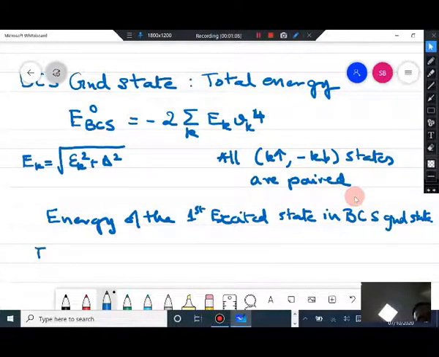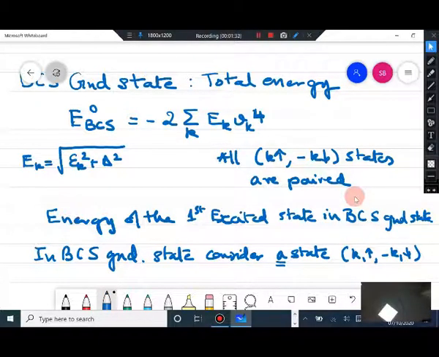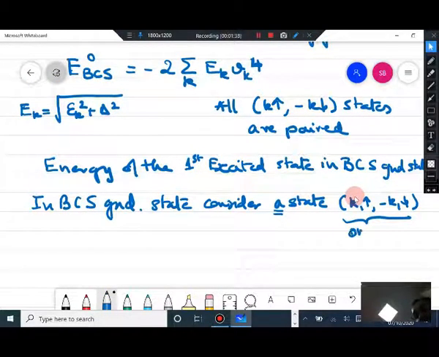To do this, consider one state, k1 up minus k1 down. Let us consider one of these pairs. So this is one particular pair in the BCS ground state.